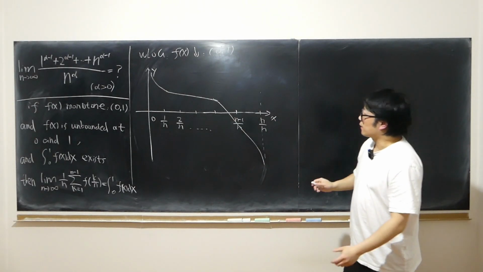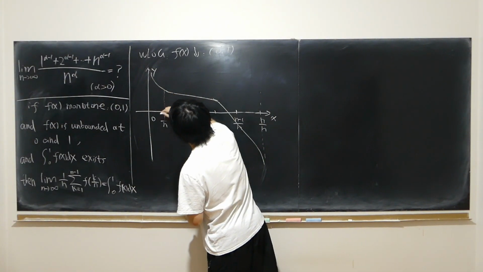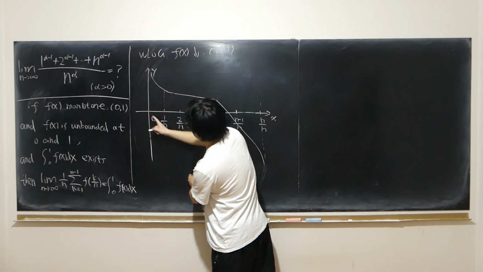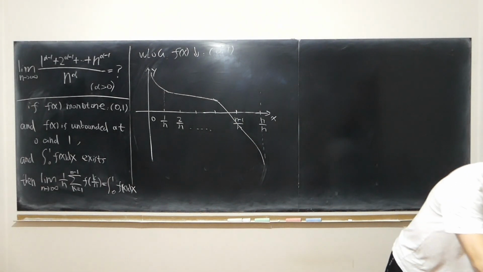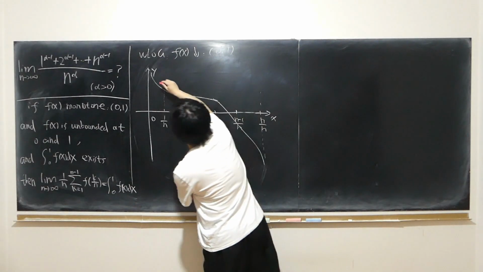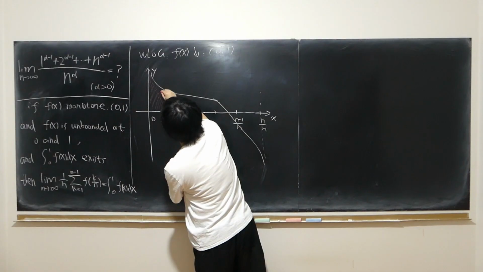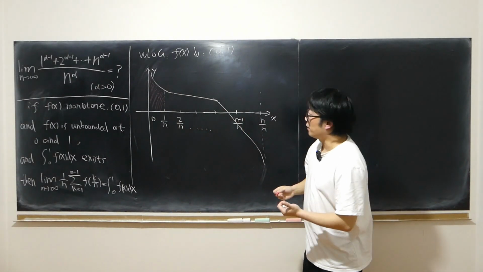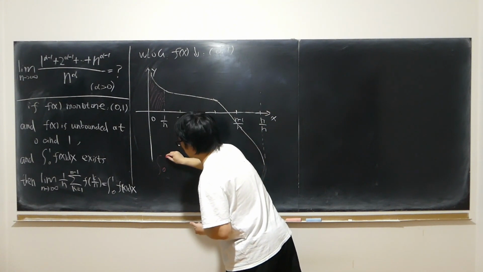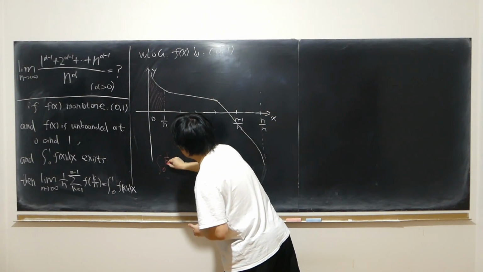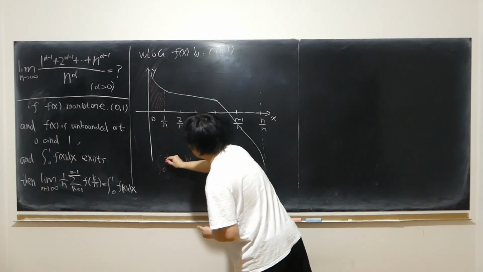So, like I said, if I look at this area, from 0 to 1 over n, this curved area stands for the integral from 0 to 1 over n of f of x dx.